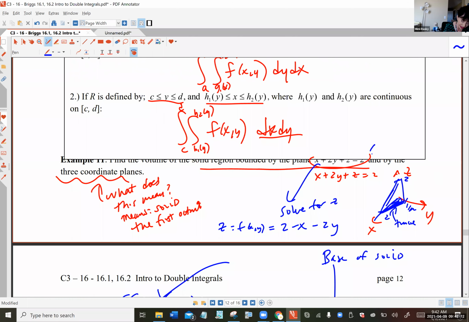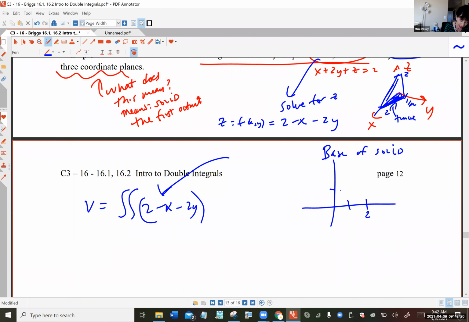If you set z equal to 0 in this plane equation, you get x plus 2y equals 2, which is the trace of the capping surface as it cuts through the xy plane.